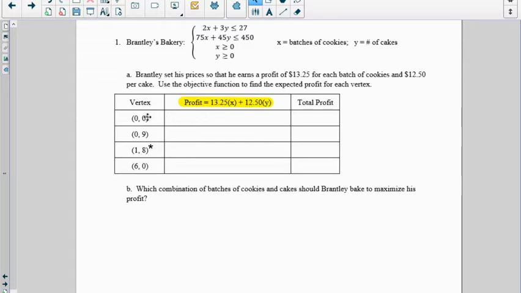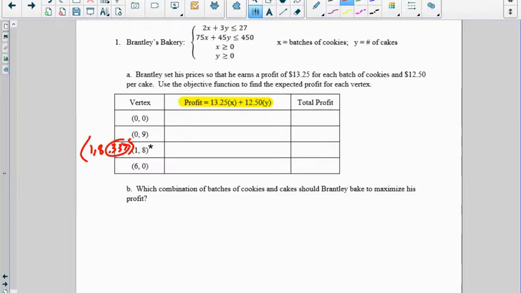So when we graphed the system of inequalities last week and we found the feasible region, we noticed that all the vertices were at (0, 0), (0, 9), (6, 0), and then (1, 8), at least as close as we could to (1, 8). The actual vertex was at (1, 8.333), if I remember right. But if we think about what actually makes sense here, we can't have 0.333 of a cake.